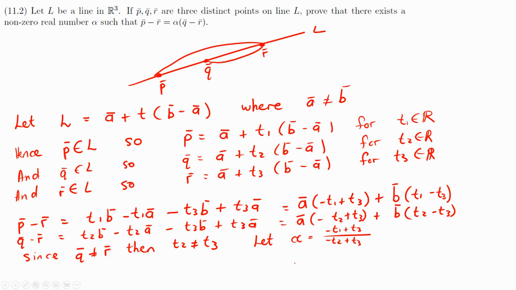Okay, let that be the relationship. And we also know here that since P is not equal to R, then T1 is not equal to T3. We know this.